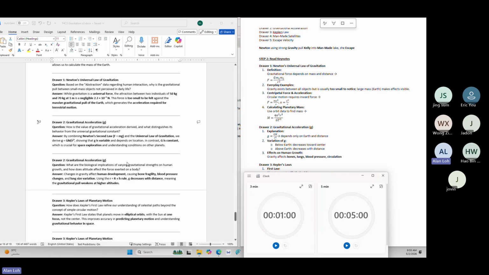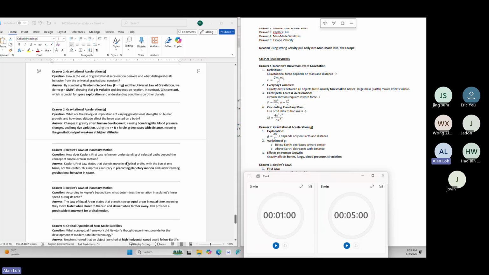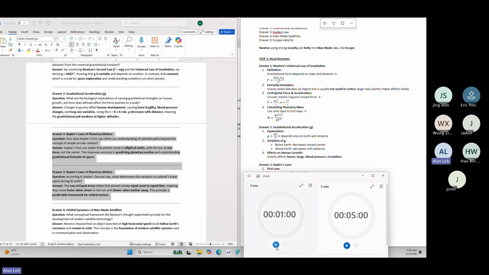So let's do drawer 3, 1 minute to level up to 7. 30 seconds. You should be in second question now.